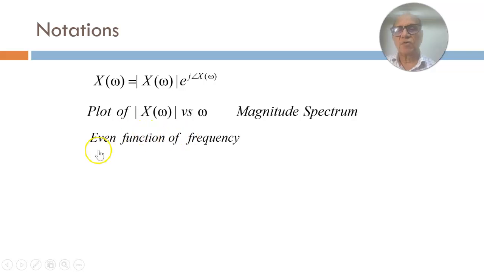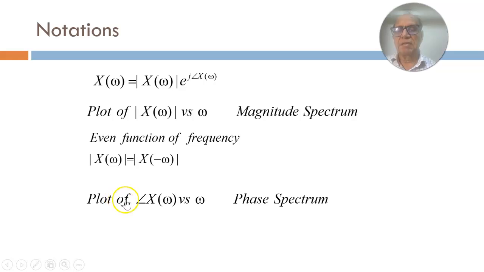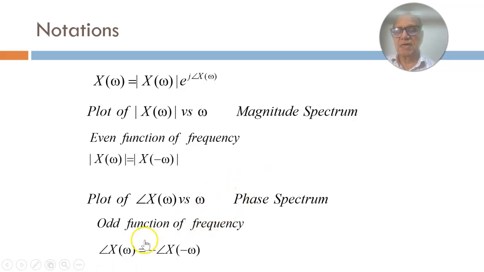So the same remark goes for the Fourier transform also. Its magnitude is an even function of frequency, which means mod of X(omega) is equal to mod of X(minus omega). But the plot of the angle of X versus frequency, this we call the phase spectrum, and this is an odd function of frequency. This means that angle of X(omega) is equal to minus the angle of X(minus omega). So these are the notations.